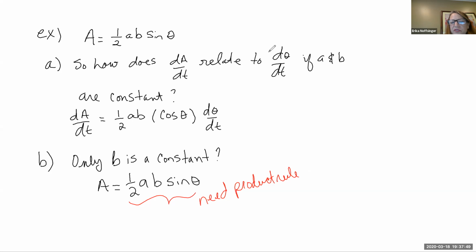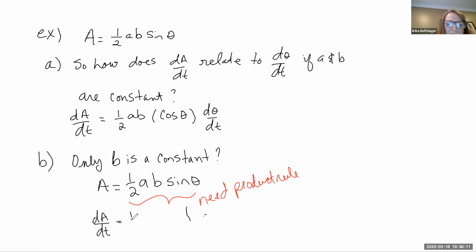Okay, so derivative of A is 1. And with respect to time, so we have dA dt is equal to, okay, so A is with respect to T. So derivative of A, if I'm using the product rule, is 1.